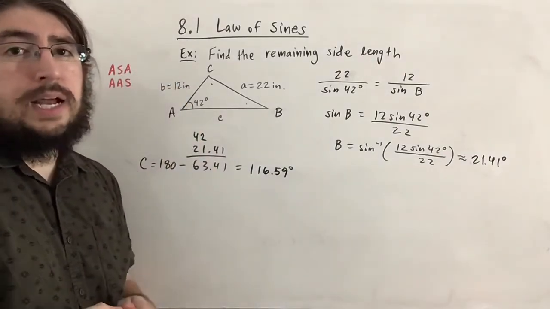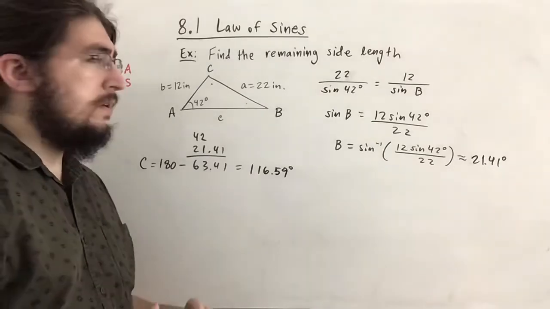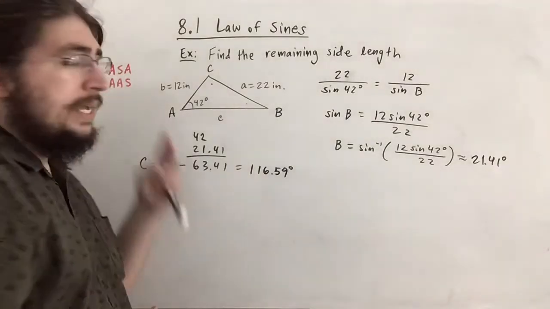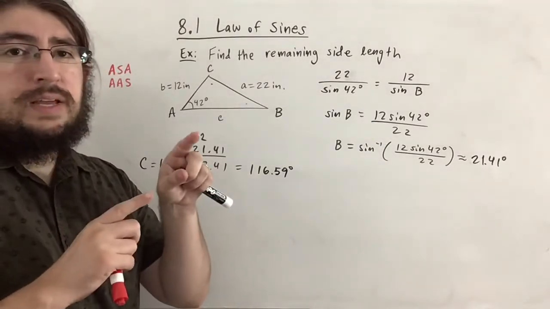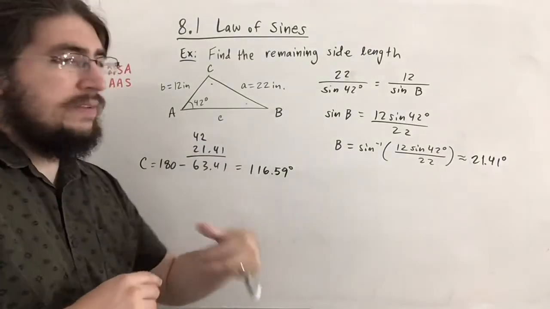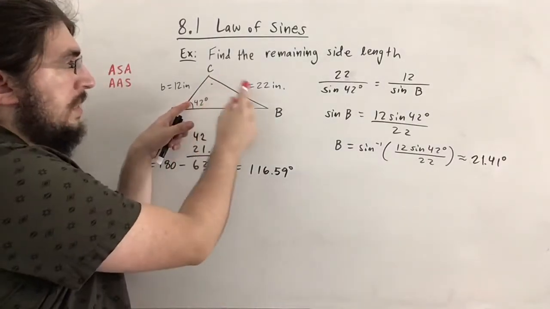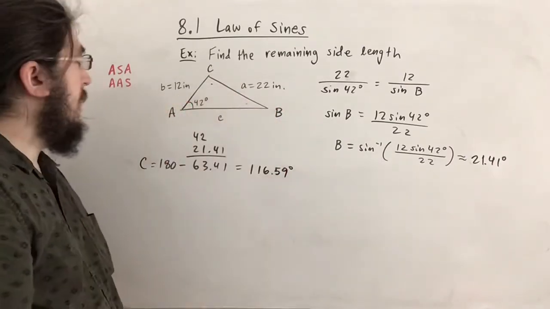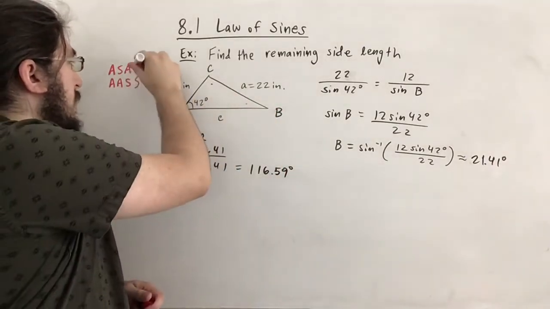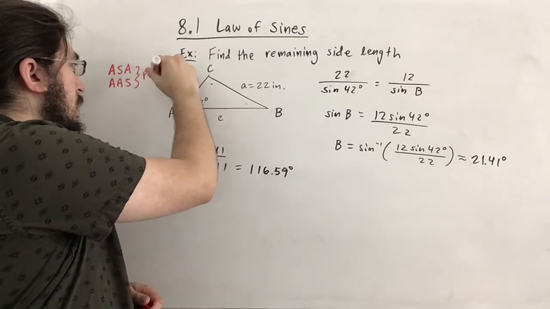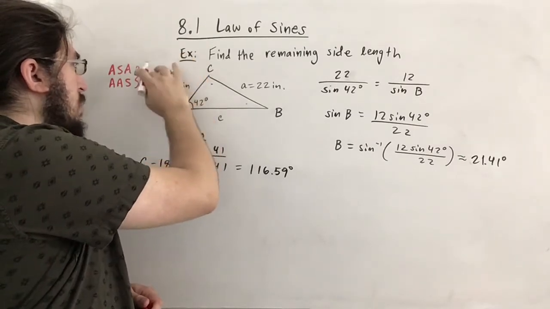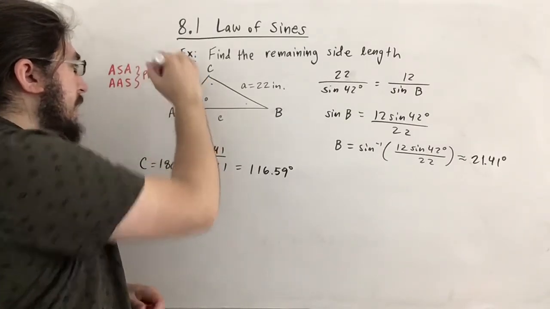ASA just means the side that's given is in between those 2 angles that are given, and AAS means the angles are consecutive, and then the side that is given is not in between those. So something like where we have these 2 angles given, but then this side given. And in fact, these 2 are what we saw from previous examples, so we don't really need to worry about these, and there's no weird case happening at all.